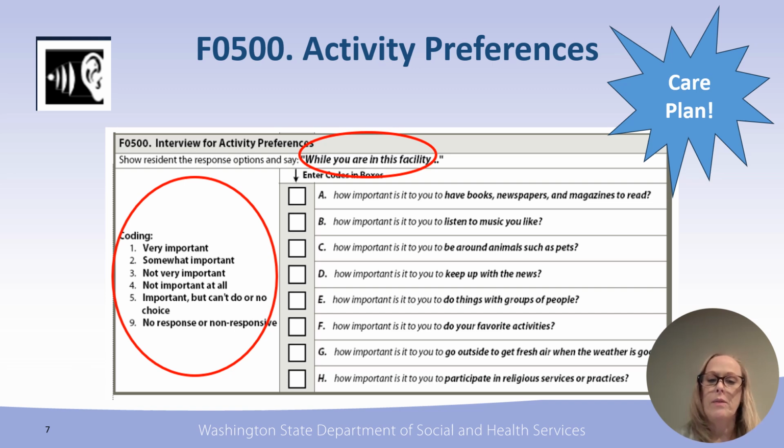How important is it for you to have books, newspapers, and magazines to read, listen to the music you like, be around animals such as pets, keep up with the news, do things with groups of people, do your favorite activities, go outside and get fresh air when the weather is good, participate in religious services or practices? And again, the coding is the same: 1, very important, and then it goes down to 5, no choice, or 9, no response.